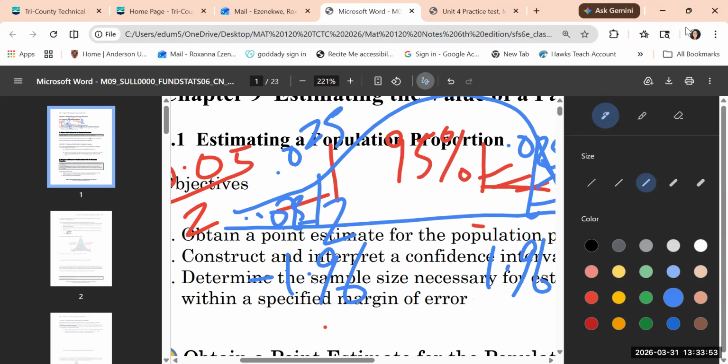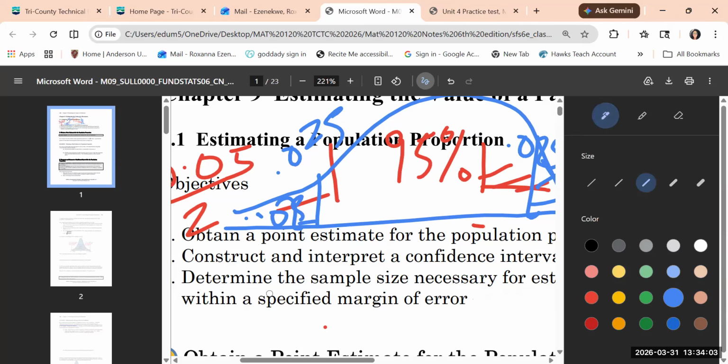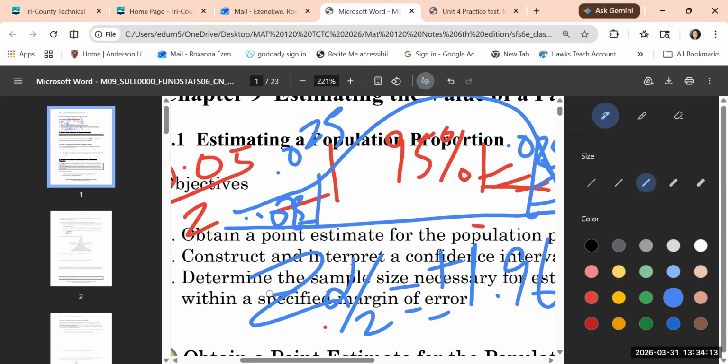So in this question, I will say that the critical value, Z alpha over 2, is equal to plus or minus 1.96. I will not write 2. I will say plus or minus 1.96.